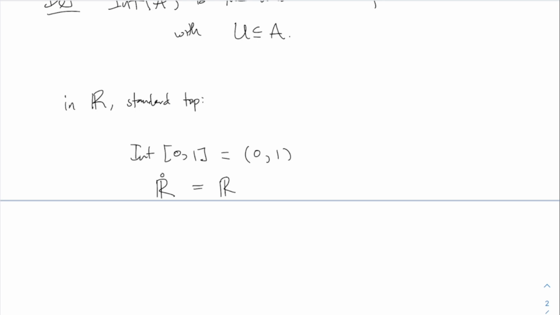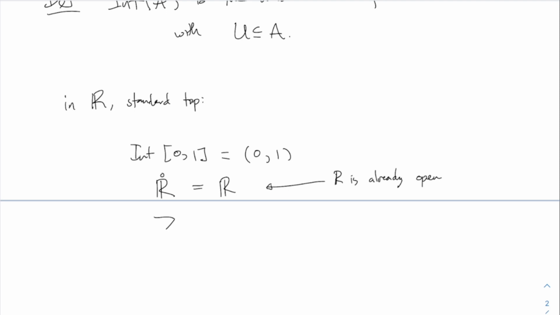Yes, R is already open, and so you get the same thing when you take the interior. Just like the closure of a closed set is the same set again, the interior of an open set is the same set again. So this is true because R is already open. If you think about the smallest amount of points I can throw away to make it open, well, it's already open, so you don't throw away anything. The interior of an open set is just the same as what you started with.